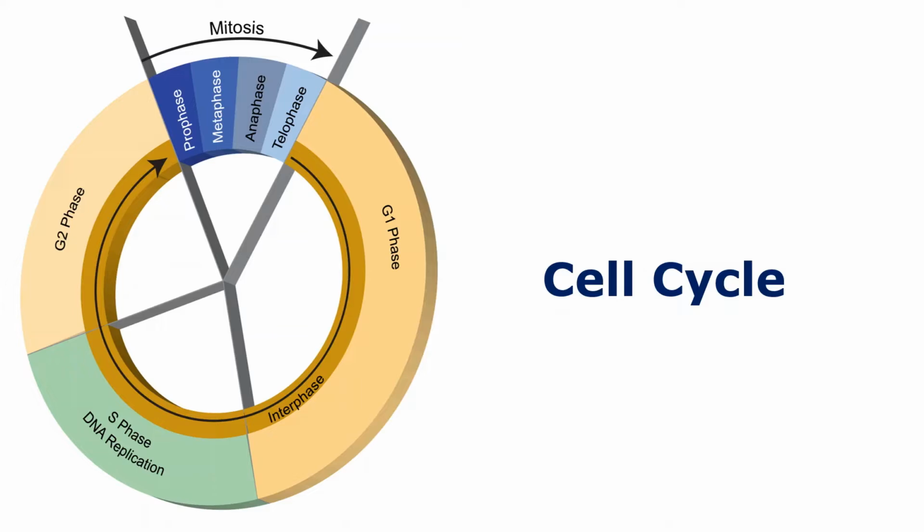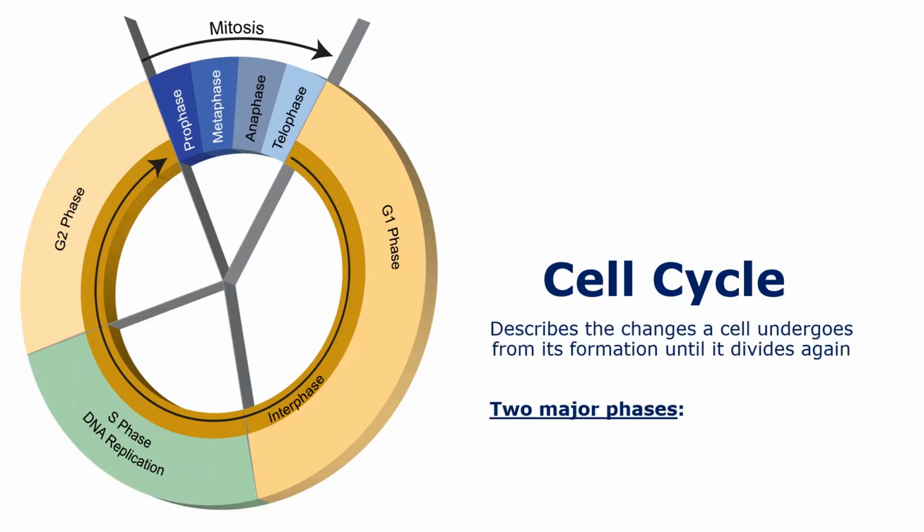From the time that a cell is formed to the time that it dies, all the changes that occur within that cell's life. Two major phases: interphase and mitosis. Now, mitosis is easy to spot because it's really short. And it's right up here, and you can see it's further divided into things like prophase, metaphase, anaphase, and telophase.